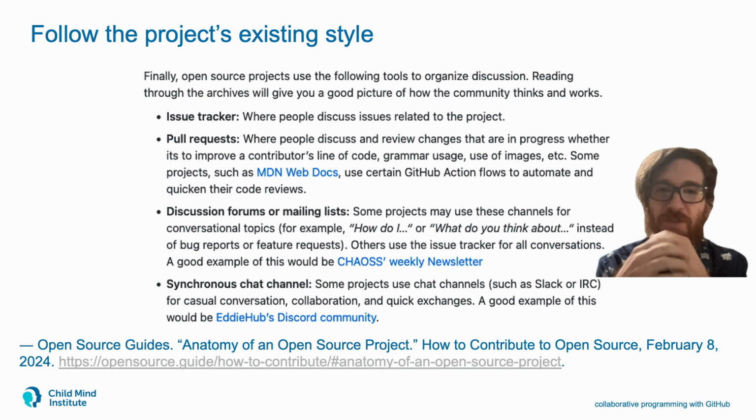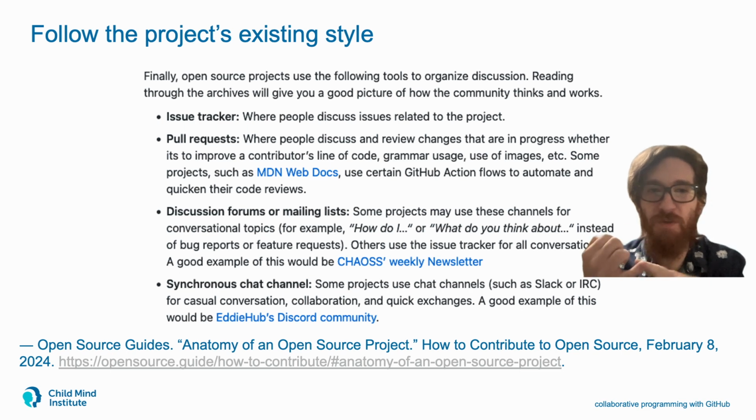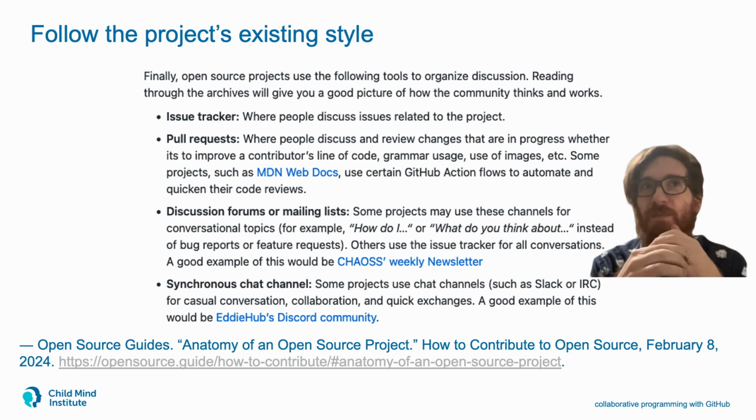Some of the features of GitHub that are particularly attractive and useful in tackling these problems: issues, pull requests, and discussions, which are all internally handled in much the same way on GitHub.